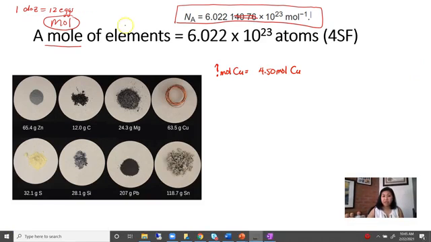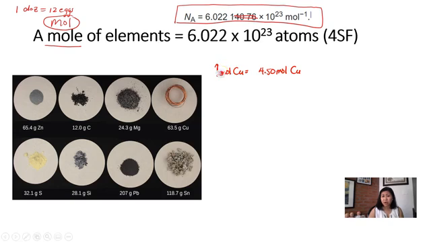So here we're given the group, moles, 4.50 moles. You're asked to find the number of individual atoms present in that sample size. That should be atoms.